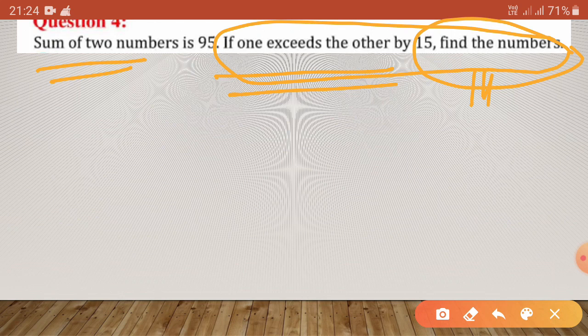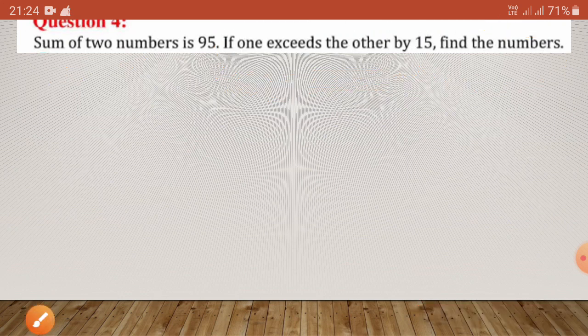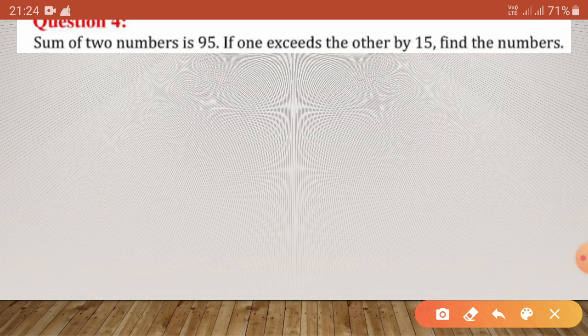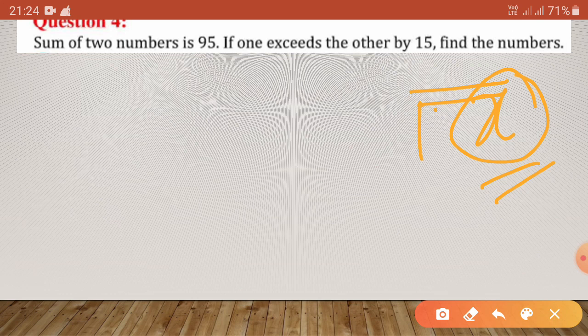Okay, but here is the statement condition of the numbers. So let us assume that one number is x. Okay, so what will be the other number? Then read the statement. If one exceeds, here one means one number, if one number exceeds the other number by 15. Okay, so exceeds means it will be added by 15.